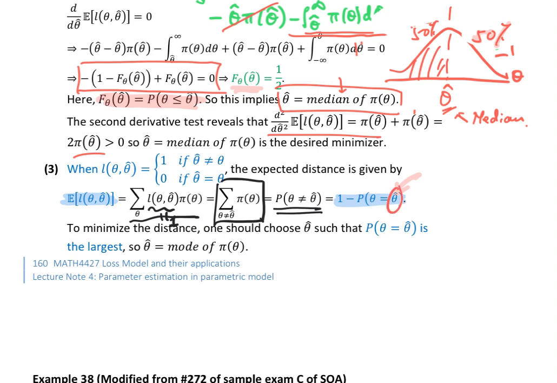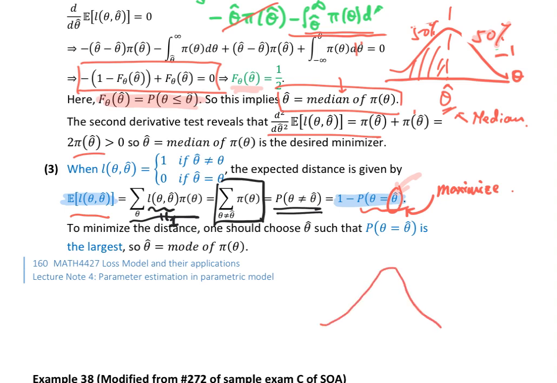According to this formula, if you want to minimize this expected value, then you should choose the theta that maximizes this probability. So you should choose theta hat such that this probability is the largest.